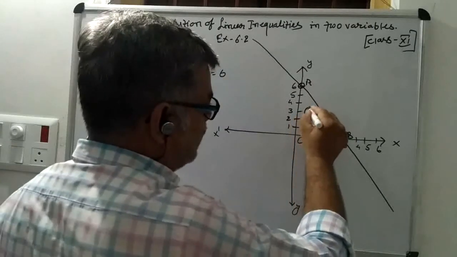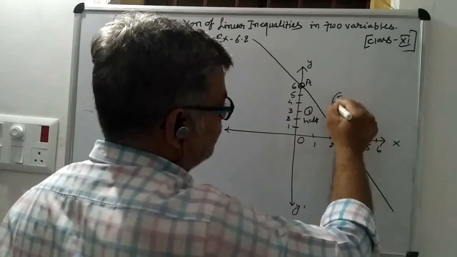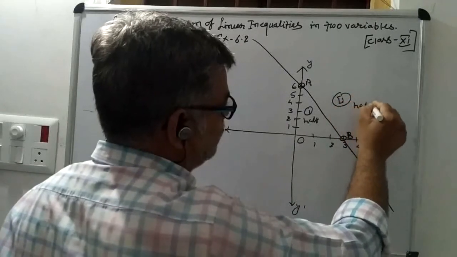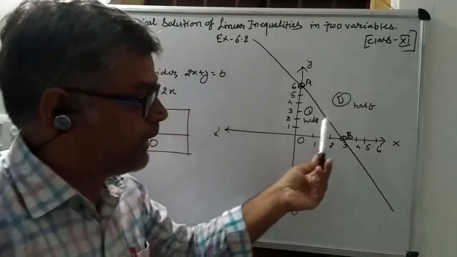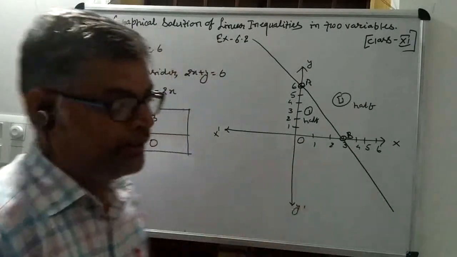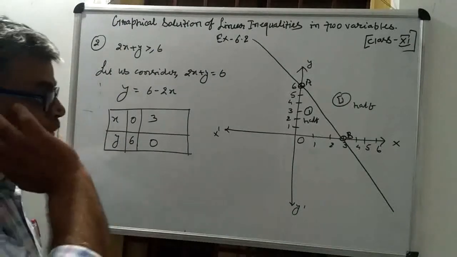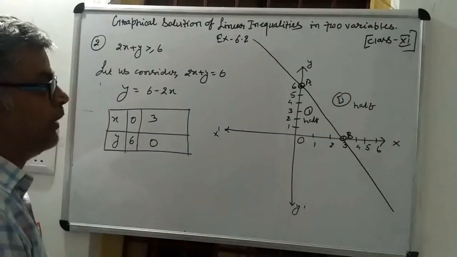This is your first half and this is your second half. I am writing first half and second half to understand only. No need to write this in the solution.